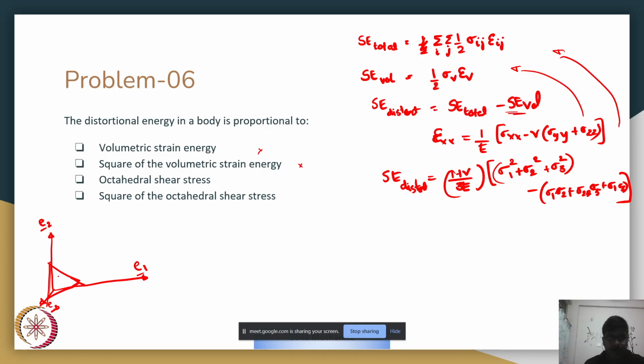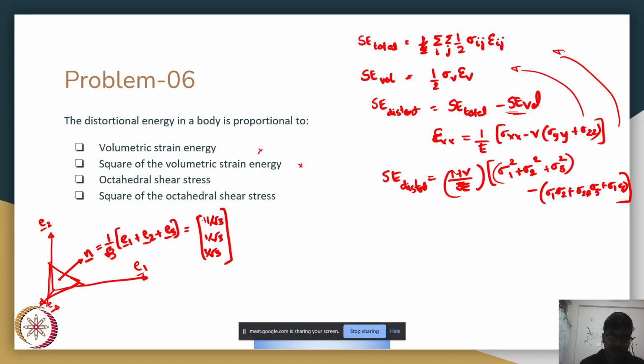Okay, we are looking at a plane which is basically equally composed of E1, E2, and E3, an equal sum of E1, E2, and E3. If I want to write it, I can write it as 1 by root 3 times E1 plus E2 plus E3. And in vector form, it would be 1 by root 3, 1 by root 3, 1 by root 3. This is one of your octahedral planes.